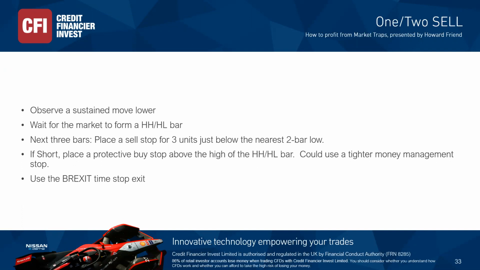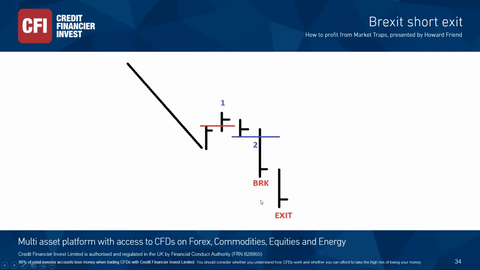So if we go short, then we need to protect our short position with a protective buy stop, and that goes most of the time above the higher high, higher low bar. Could also use a tighter money management stop if that distance is particularly big. And again, using the Brexit exit to get out after hopefully a double thrust in your favor.